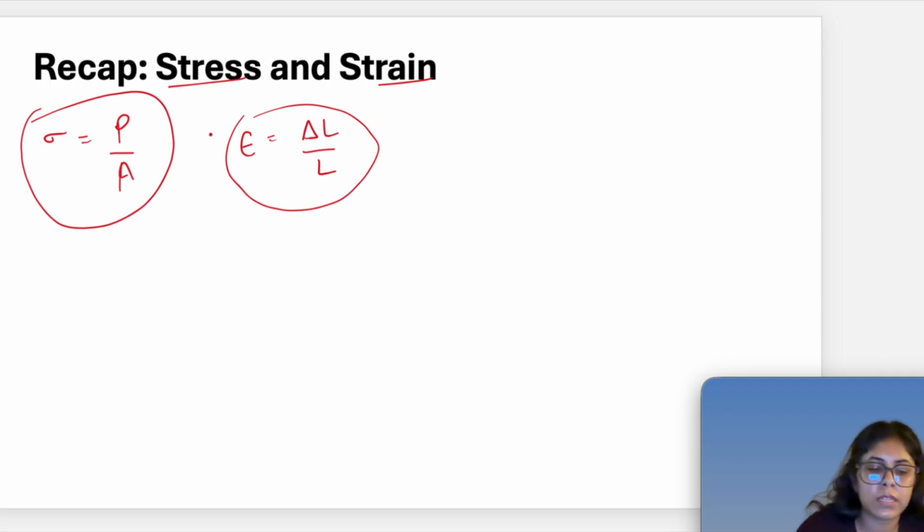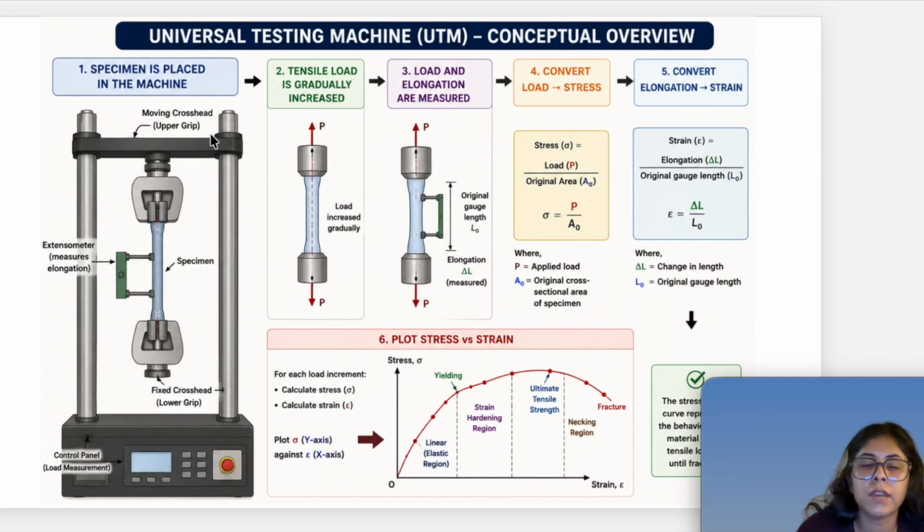So in today's lecture, what we are going to do is find out this relation between stress and strain. So here we can see the experimental setup, which we are going to use to plot the graph between stress and strain.